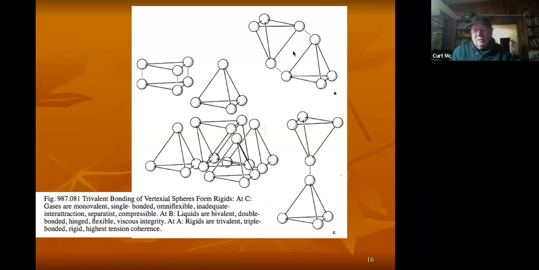In the upper right, you see two connections. And he said that's more like a hinge. So it's more like a liquid, or in some cases a metal, where things are flexible and can move around. And then finally in the center, he shows systems that share more than two points. And when that happens, they actually become a larger system.